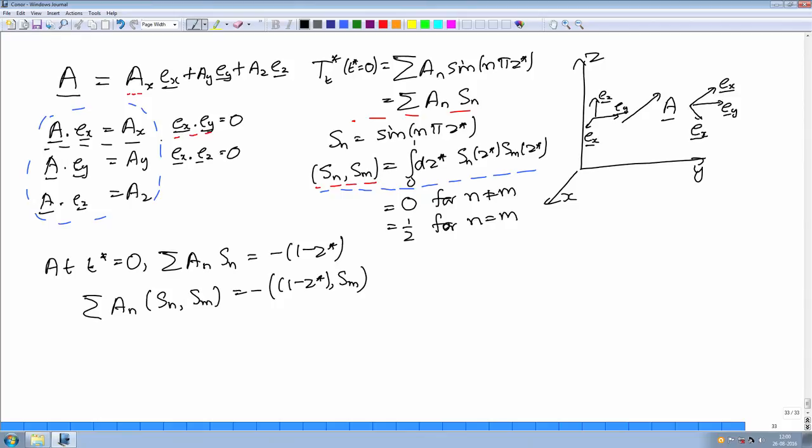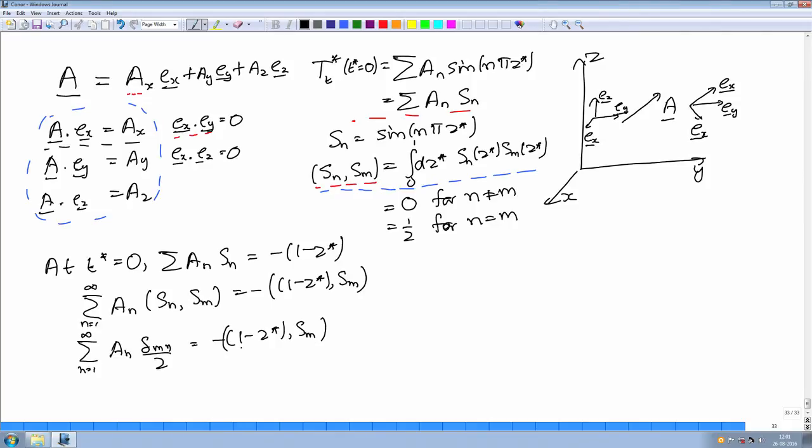I am taking the inner product of this with some unit vector. Similarly, this with some function. This inner product only gives me a m. So, this gives me basically summation of a n times delta m n by 2, n is equal to 1 to infinity, is equal to minus of 1 minus z star comma S m.